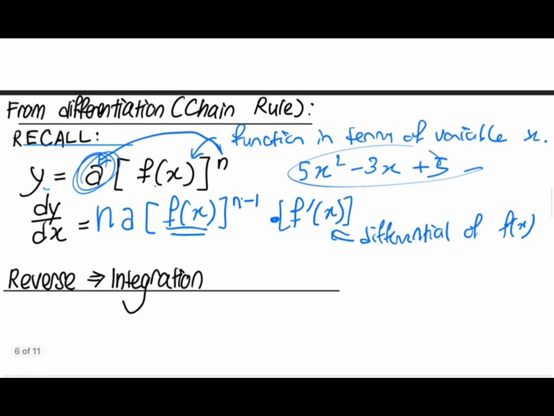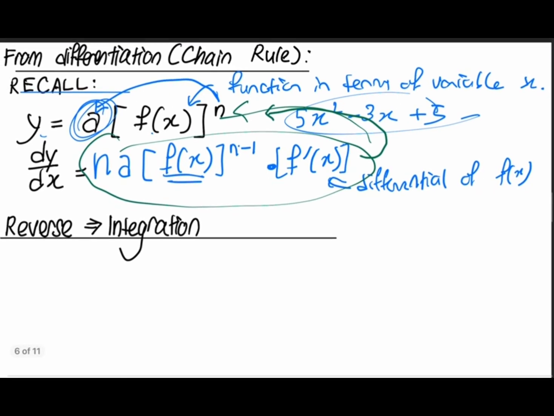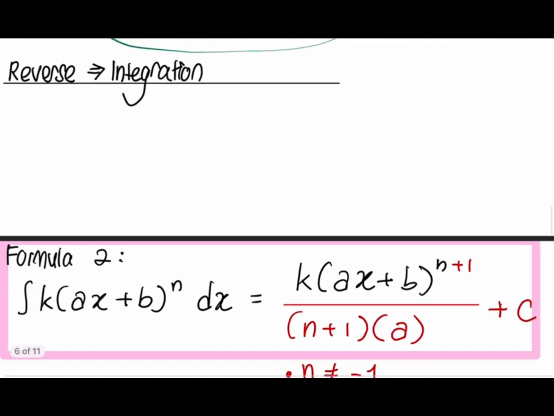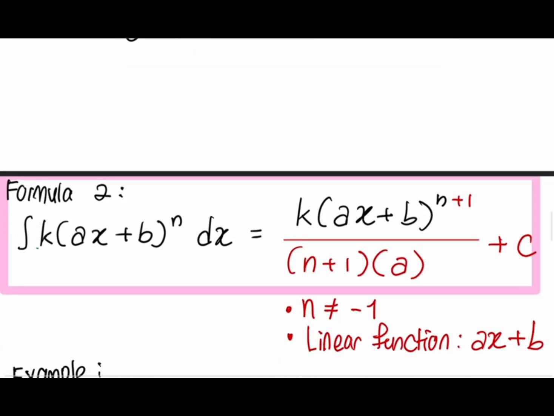For the reverse of it, we will get integration. That means if we integrate the whole term, we get back the same thing. So now we create the formula: we integrate k, a constant, times (ax plus b), which is a linear function, to the power of n, with respect to x.